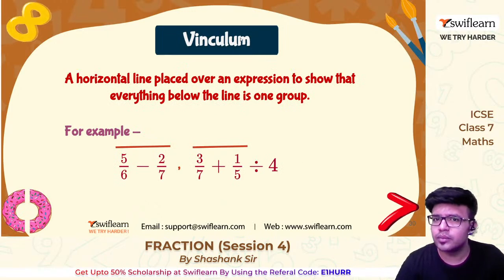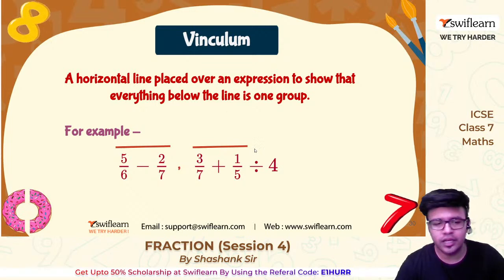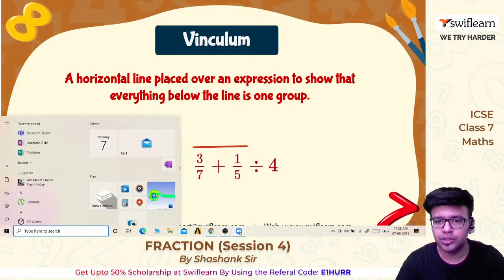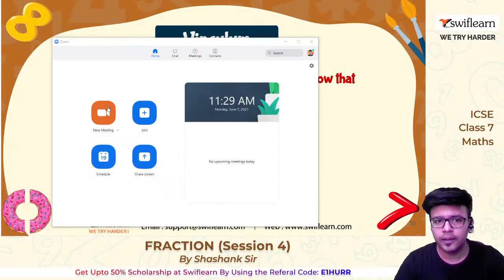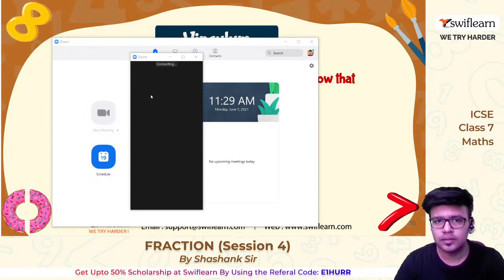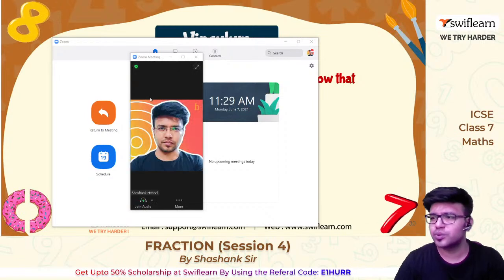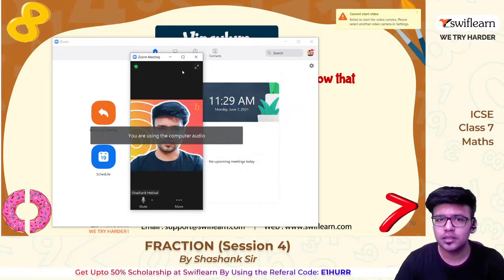So vinculum. Okay, there is also vinculum. This is used, and we should give first preference to that before the parenthesis.